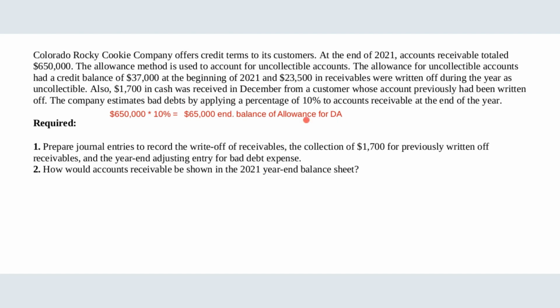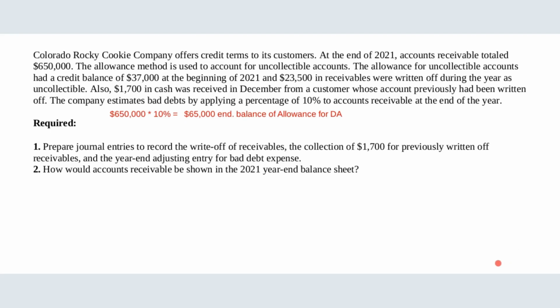So we know that whatever we do, at the end of the day, the ending balance of the allowance should be 65,000. All right, so they want us to prepare journal entries to record the write-off of receivables and the collection of the 1,700. Okay, so we can do that.